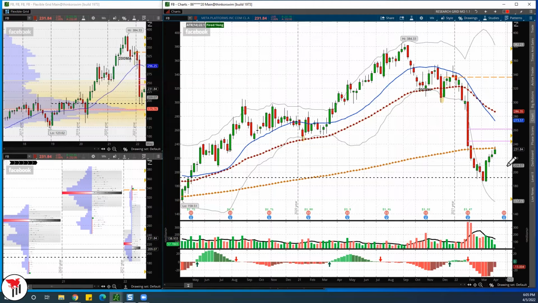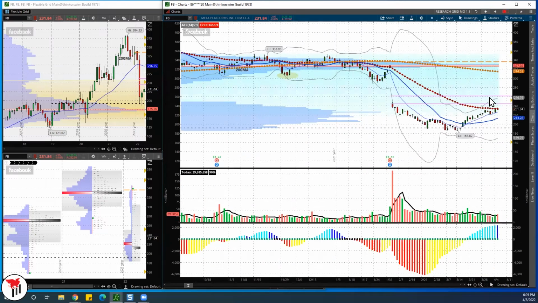So Facebook, we have two things, most likely a weekly sell under 226, 225. Let's call it 225, which is going to be easier for us. 225, and that should take us down to probably the 205, 200, right? As a weekly sell.